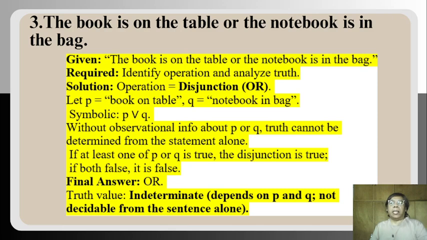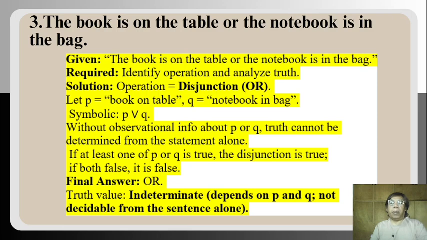Symbolically, P or Q. Without observational information about P or Q, truth cannot be determined from the statement alone. If at least one of P or Q is true, the disjunction is true.